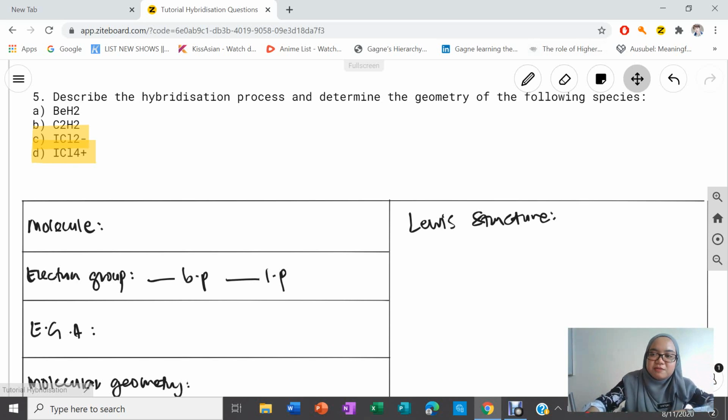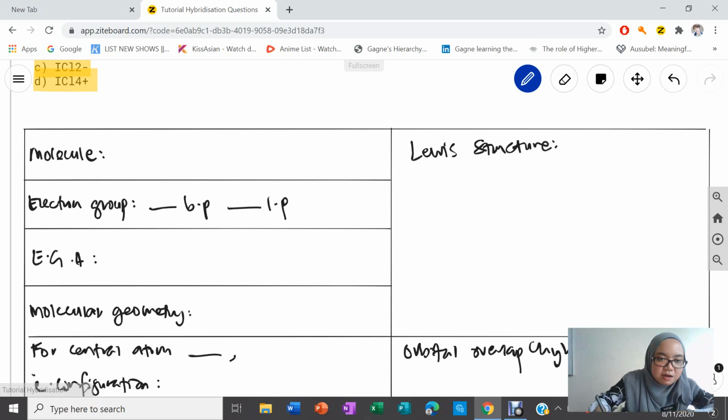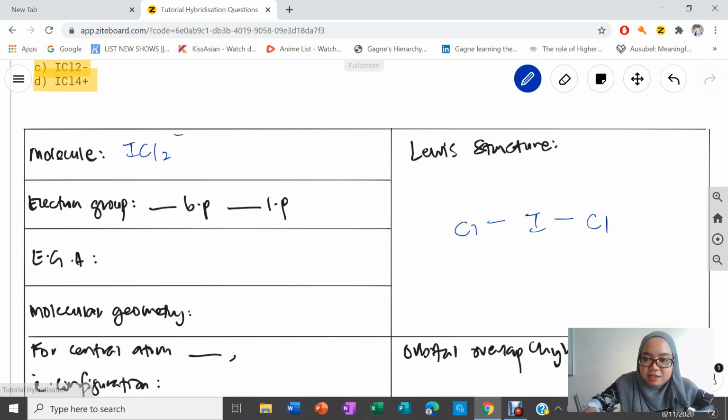So we know that the molecule is ICl2 minus. And if you draw this according to the Lewis structure, you will get it like this.